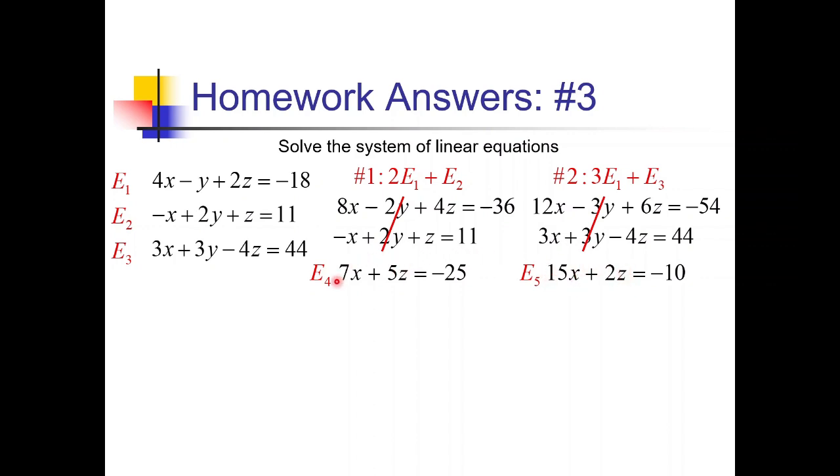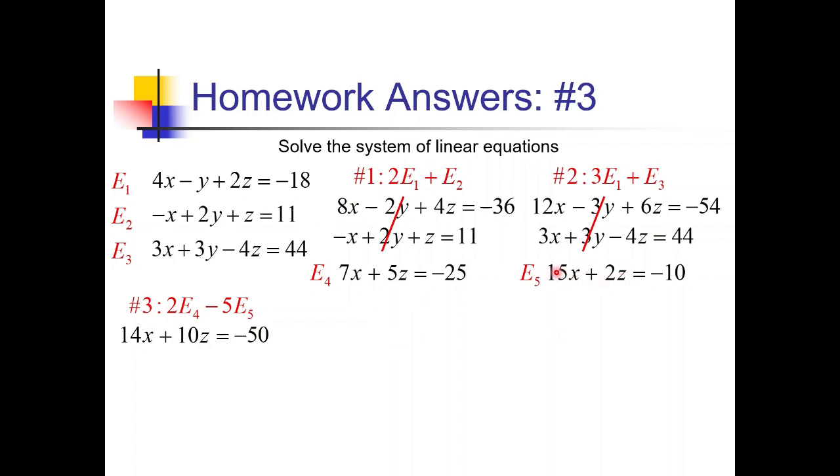So I'm doing 2 times equation 4 plus negative 5 times equation 5. So 2 times equation 4, that's going to be 14x plus 10z equals negative 50. And then for equation 5, we're multiplying all these by negative 5 now.